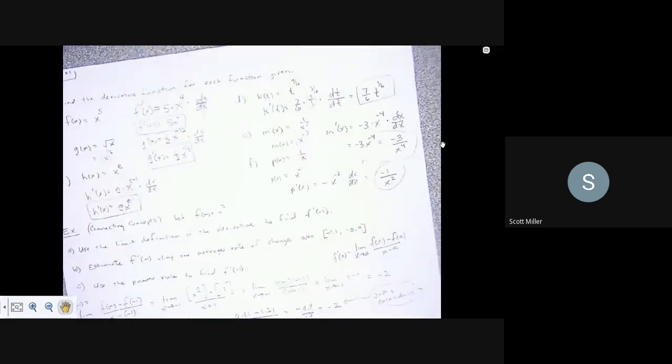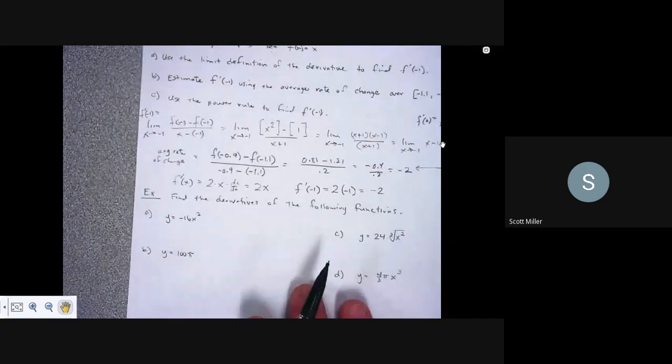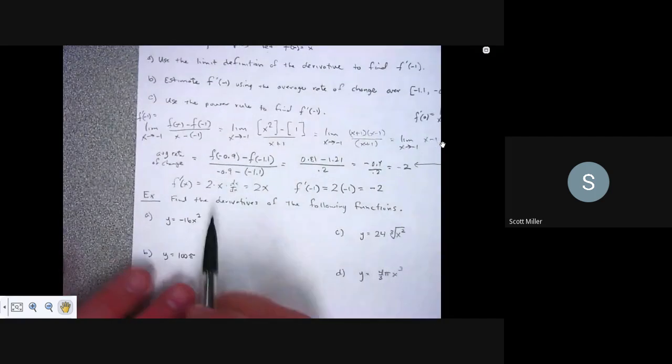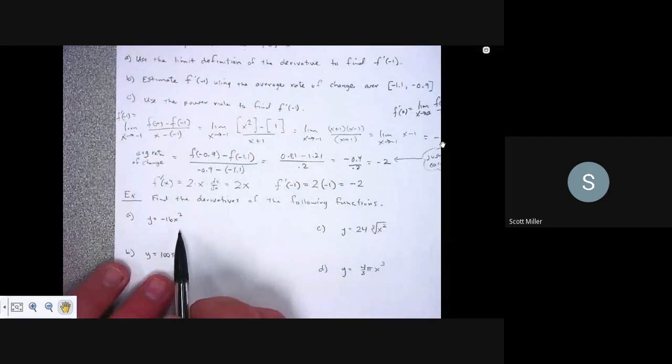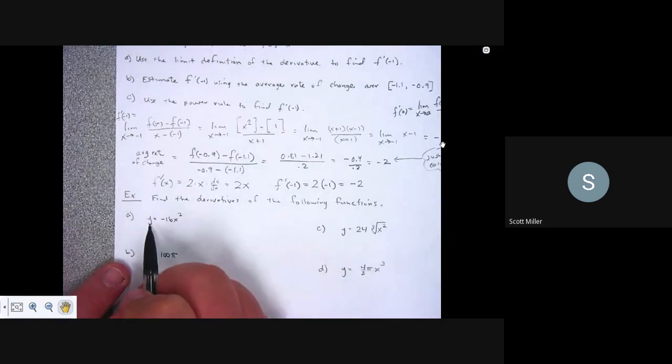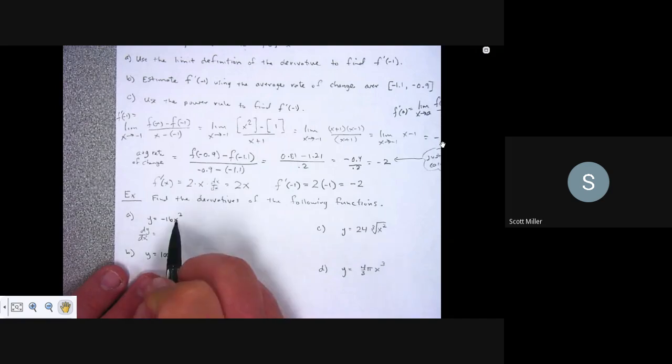So I think I have some examples here that we can walk through and show you how that works. Okay? So here we go. We're going to find the derivative of this one right here. So this is a y, so I can write it as dy dx, because the variable is x. This is a constant right here.